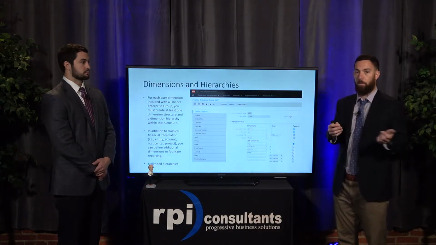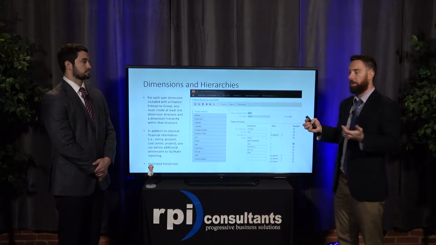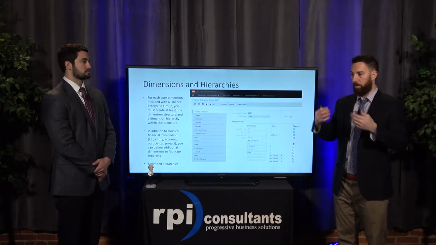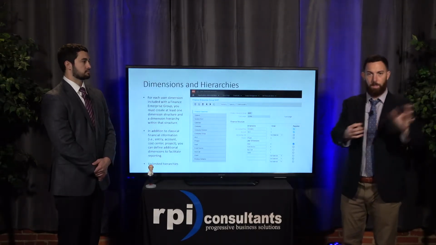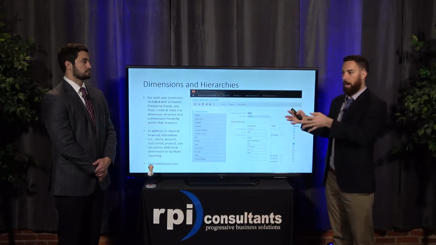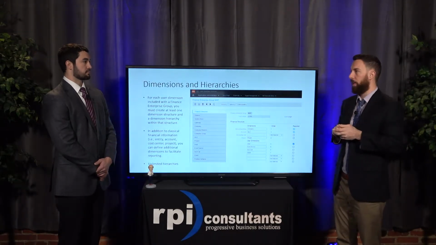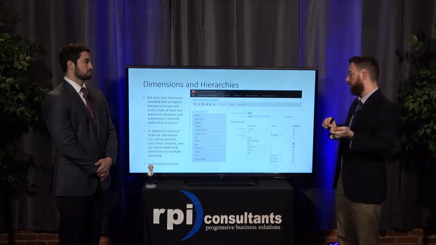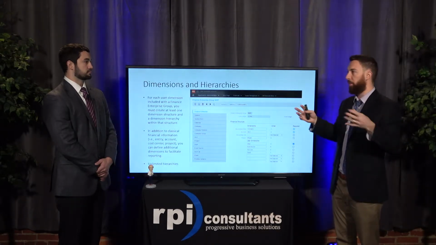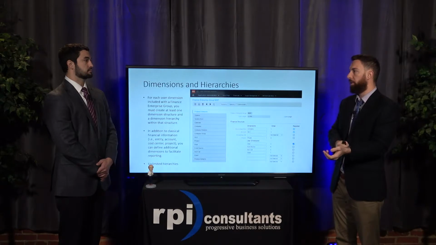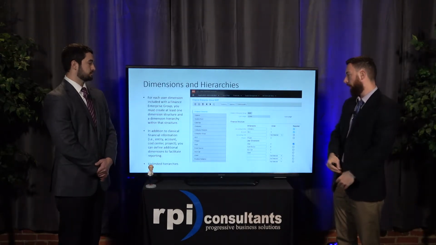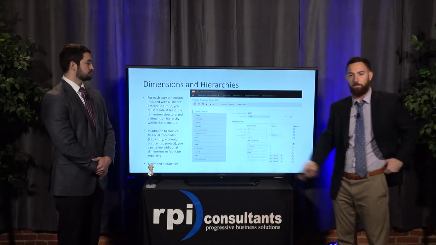You could have 1, you could have 100, and all you're trying to do is say, this department in this hierarchy rolls up this way, but under this other hierarchy that I've created, it's going to roll up a different way. So you have so much flexibility to take one little piece of information and report on it a whole bunch of different ways. Right, and you set that for each dimension.